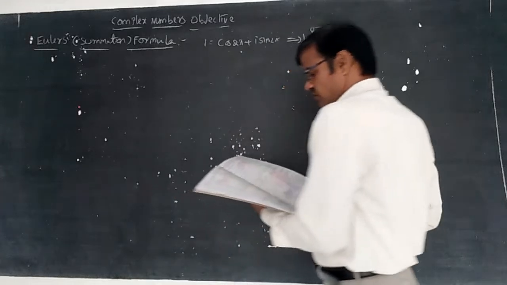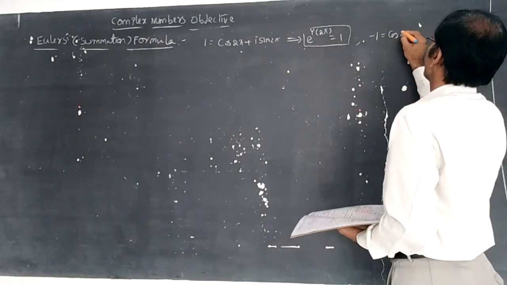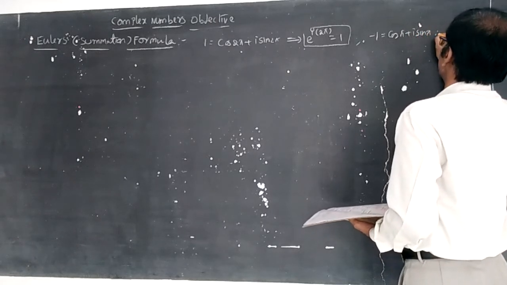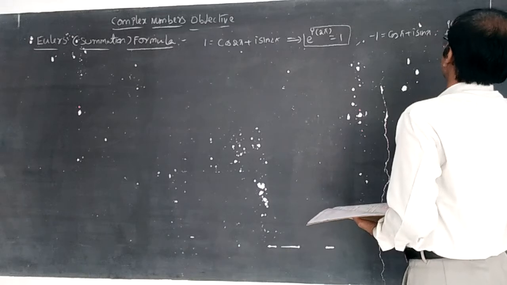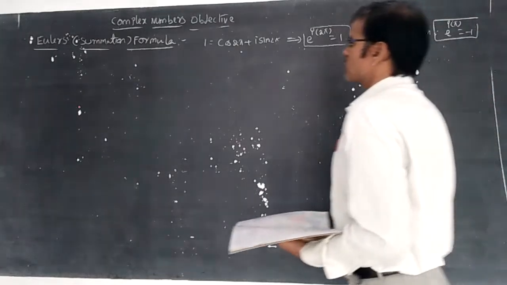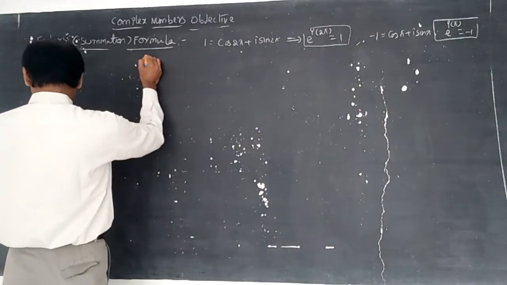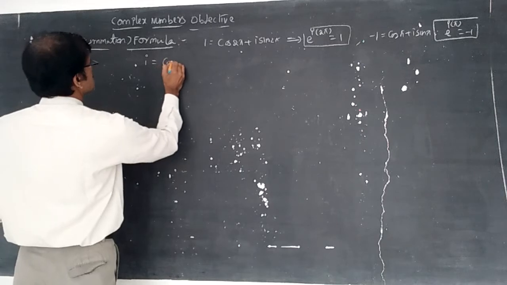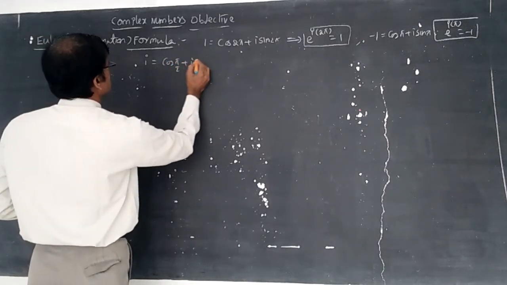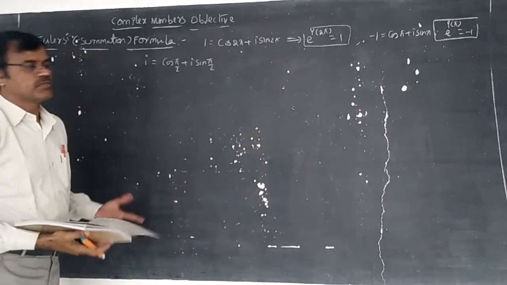This is a formula. Next, minus 1: cos pi plus i sin pi. Therefore, e power i pi is equal to minus 1. Next one, simply i and minus i we can discuss. i value is cos pi by 2 plus i sin pi by 2.